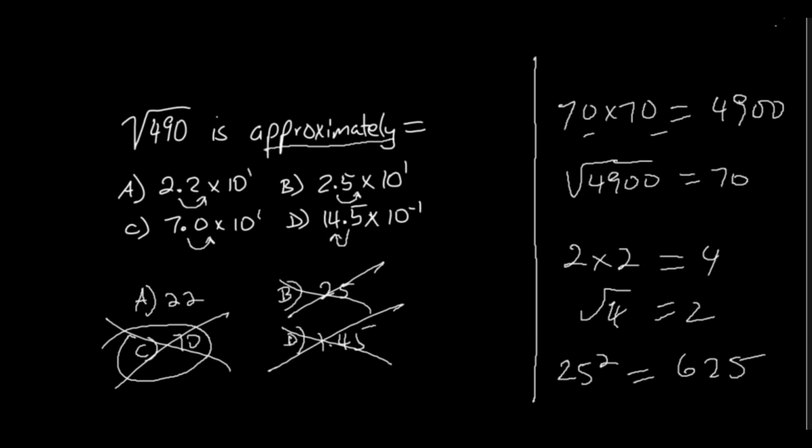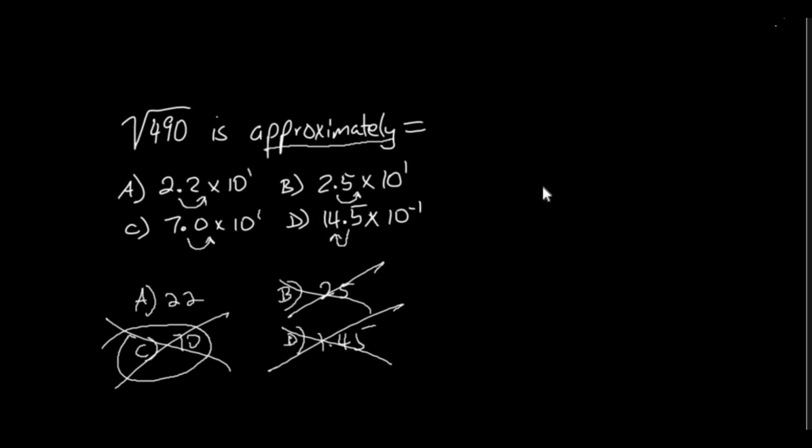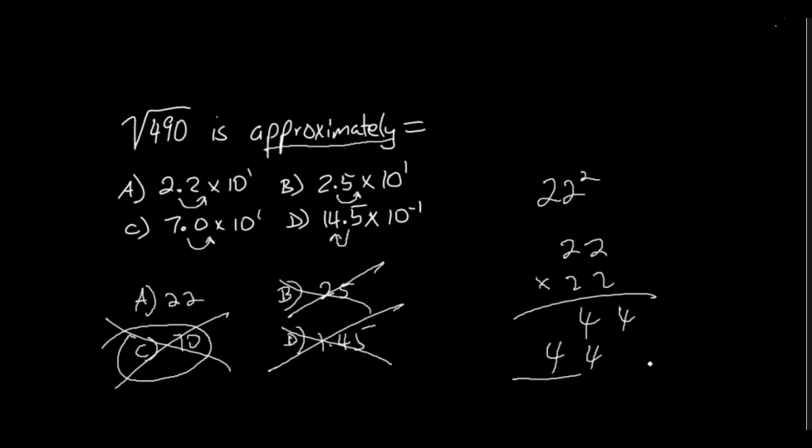Let's double check that, shall we? So we have 22 squared, which means 22 times 22. 2 times 2 gives us 4, and then 2 times 2 again, then we're in the tens place. 2 times 2 gives 4, so we're going to start in the tens place. And 2 times 2 is 4. That's going to be 4, 8, 4. 484.